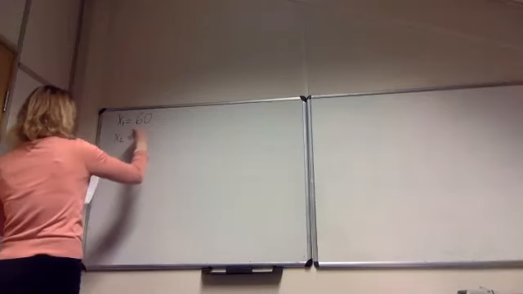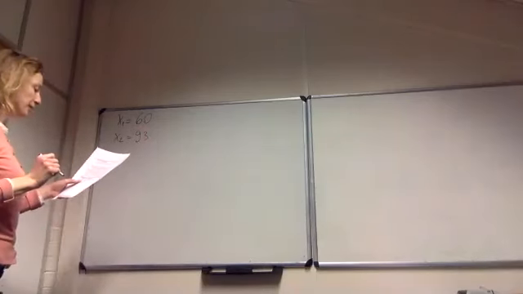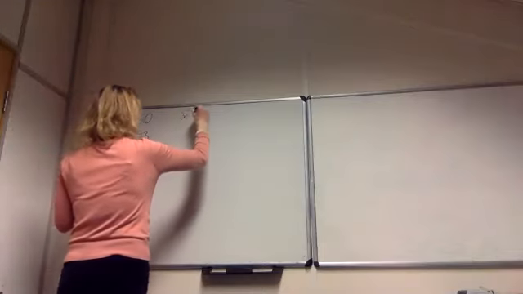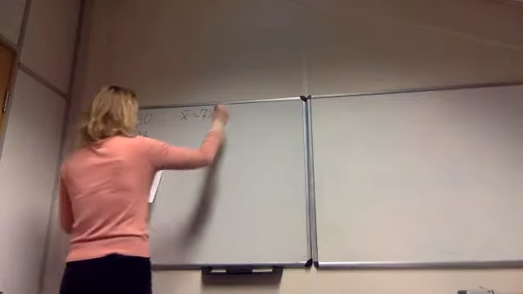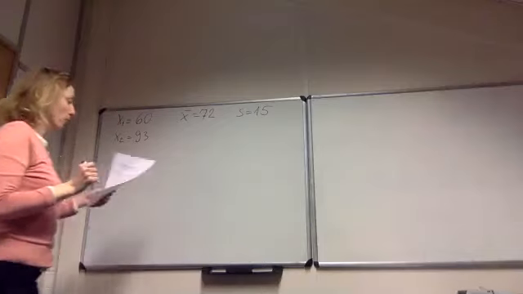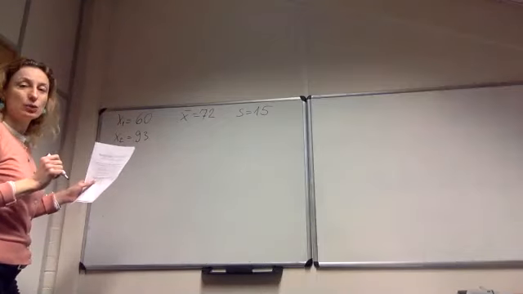So we have two data points, x1 is 60 and x2 is 93. What we know is that the mean is 72 and the standard deviation is 15. So these are given. We need to find the standard scores.